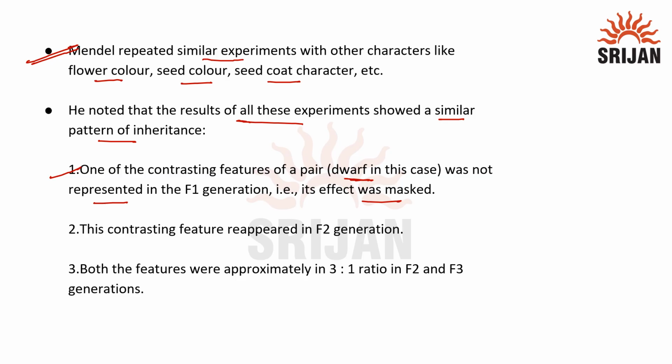And he also noted that this contrasting feature which was hidden in the F1 generation reappeared in the F2 generation. And then he saw the ratio also, that this feature was approximately always in a ratio of 3 is to 1 in the F2 generation and in the F3 generation as well.